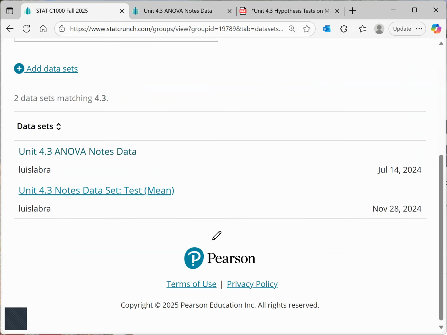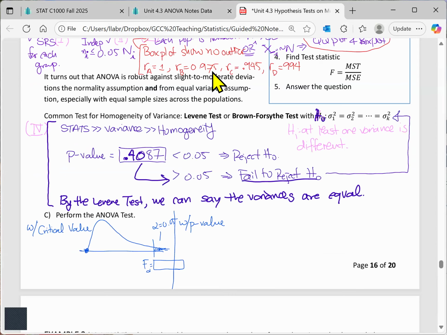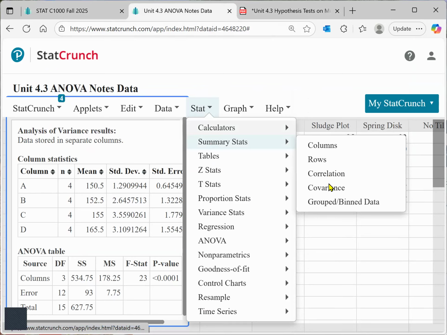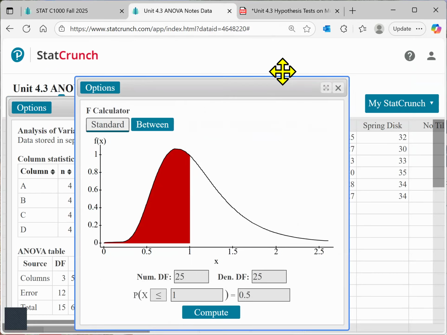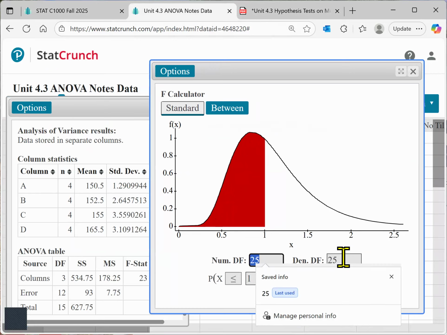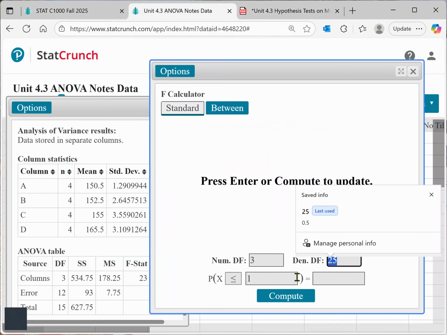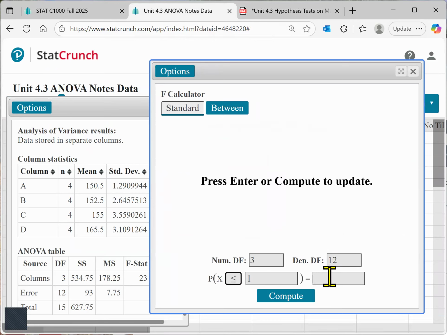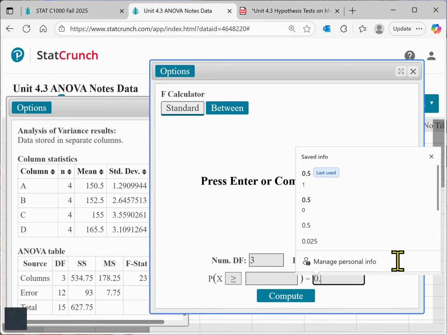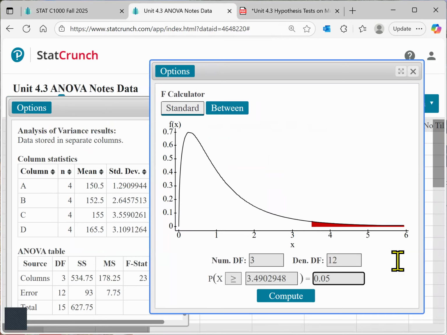Let me find this critical value. So we go to stats, calc, F. And remember that the degrees of freedom were 3 and 12. And I want the area to the right to be 0.05. So my critical value is 3.49.